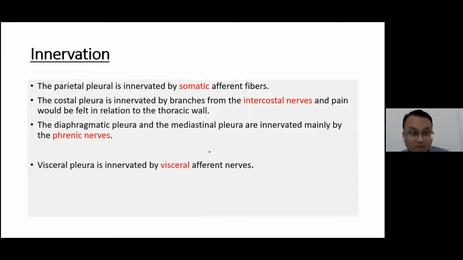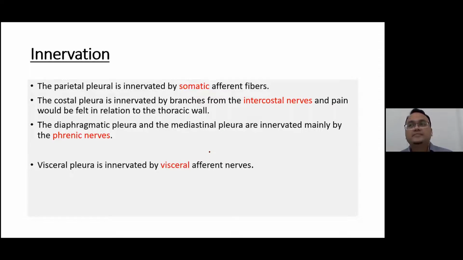Innervation: the parietal pleura is innervated by somatic innervation. Therefore, it is sensitive to pain, temperature, touch, and so on. So there'll be pleuritic chest pain, which is felt by the parietal pleura, whereas the visceral pleura is innervated by visceral innervation. So they don't usually come and complain of pain, okay, especially associated with the visceral pleura.